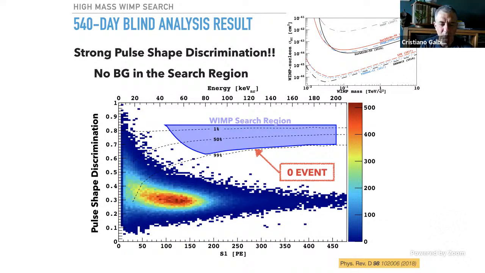This was a process that was totally blind until the end and produced a new result confirming what had been achieved by the XENON100 detector at the time, which was a very significant exclusion for dark matter in a region where there were a significant number of anomalies.